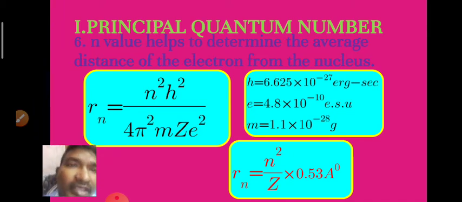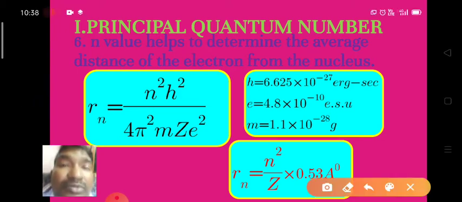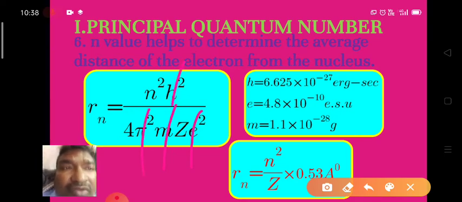In this radius equation, only two variables are there, n and Z. The Planck constant, pi value, mass and charge of the electron are all constants, and we already have their values. h is equal to 6.625 × 10^-27 erg second, and the charge of the electron in CGS units is 4.8 × 10^-10 ESU, electrostatic units.